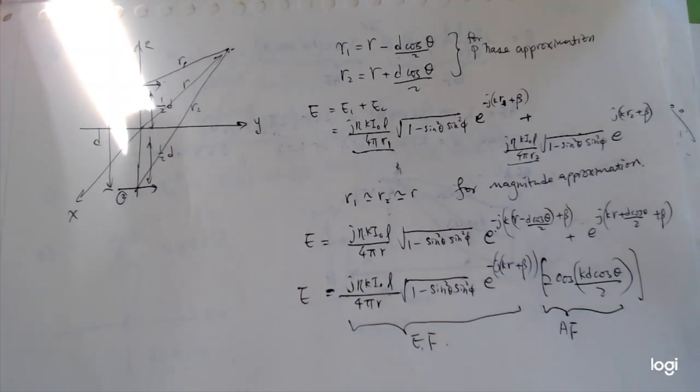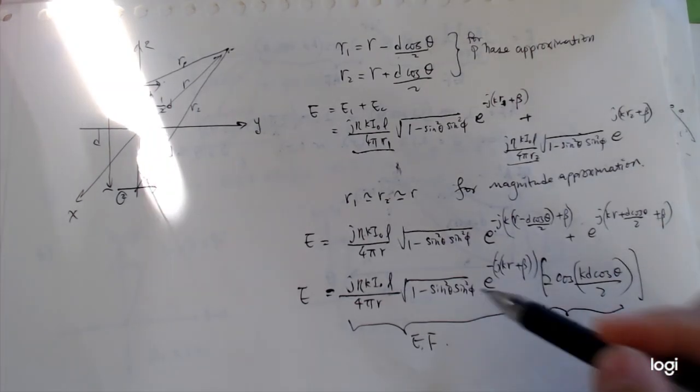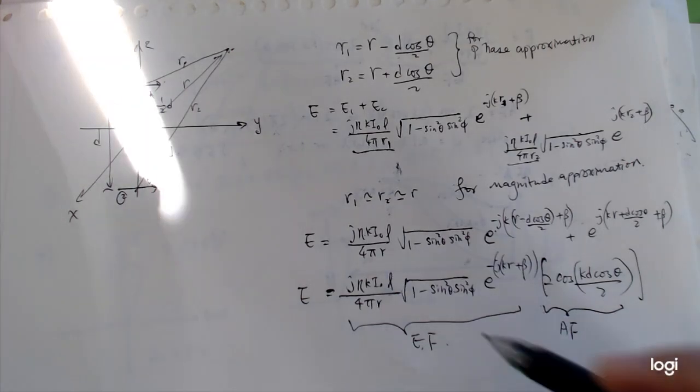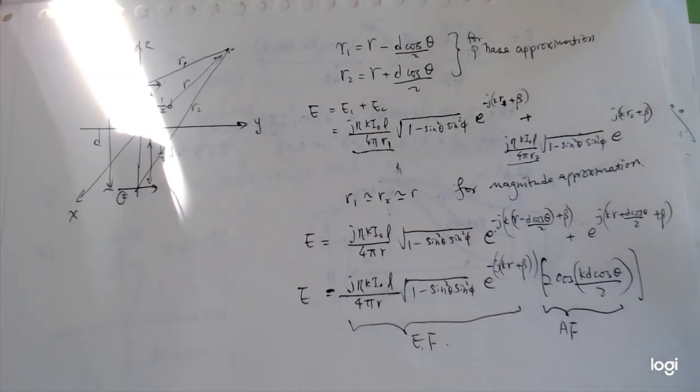As a result, the directivity will be dependent on the value of theta and phi. Okay, I hope this is clear enough. This is the answer for one part of the question.